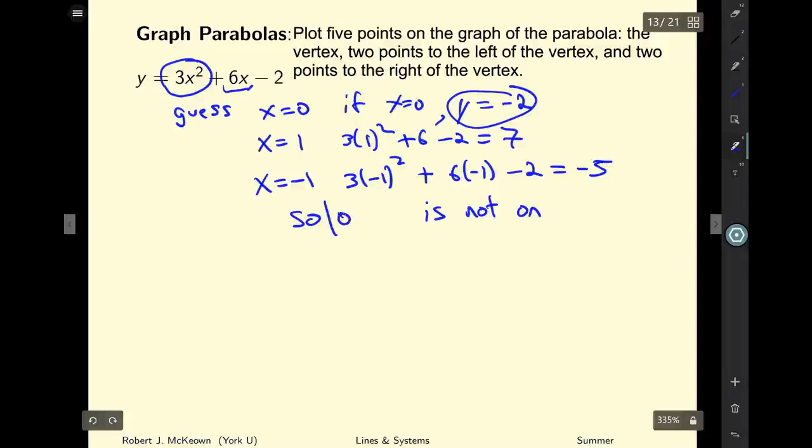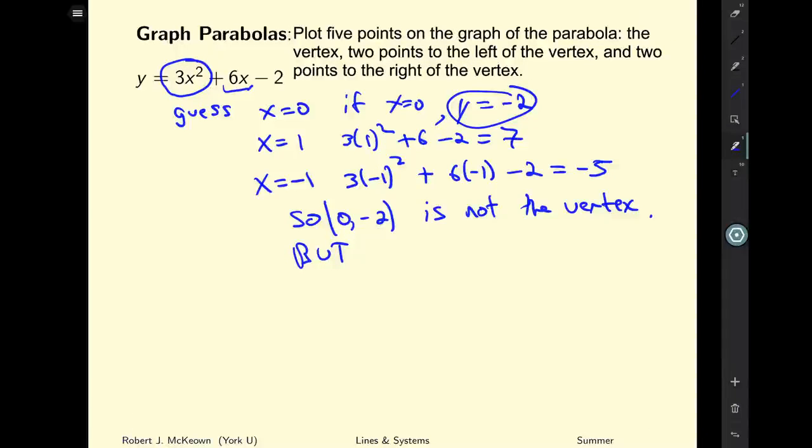I know that the pair 0, -2 is not the vertex. But all hope is not lost, because the coordinate -1, -5 might be the vertex.